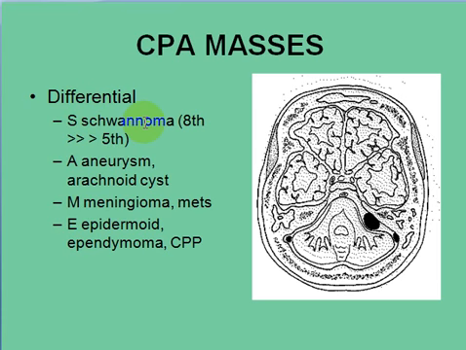S is for schwannoma, either arising from the 8th or 5th cranial nerve. A for aneurysm, M for meningioma or metastasis, E for epidermoid or ependymoma.